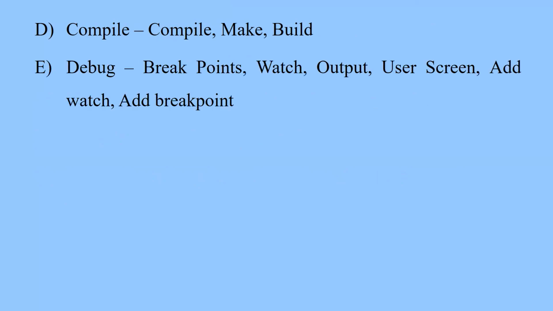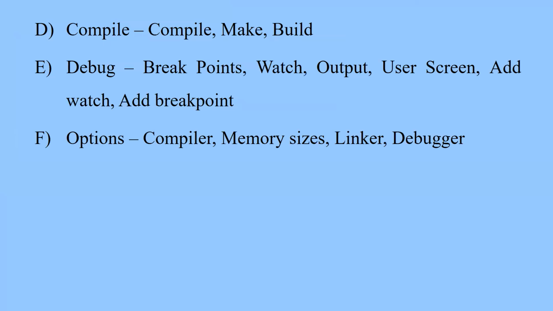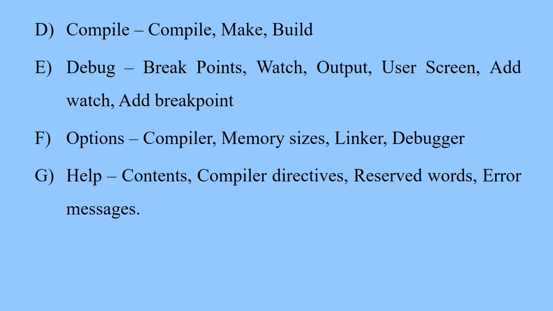Under Compile, we have Compile, Make, Build. Under Debug, we have Breakpoints, Watch, Output, user screen, and watch, and breakpoint. Under Options, we have compiler, memory sizes, linker, debugger. Under Help, we have contents, compiler directives, reserved words, error messages.